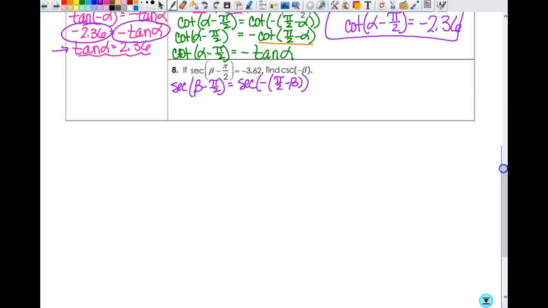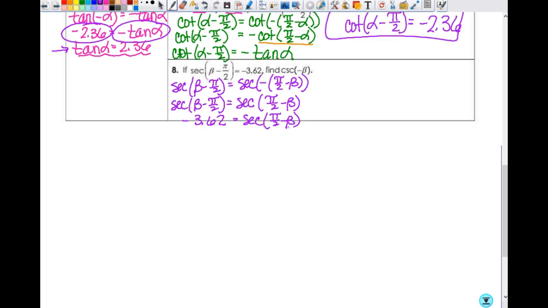So that means that secant of beta minus pi halves is equal to secant of pi halves minus beta. Which means then I can substitute this in for this right here, and so I get negative 3.62 is equal to the secant of pi halves minus beta.